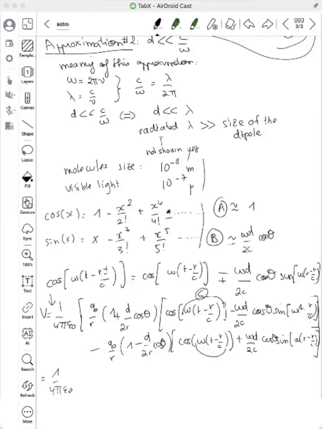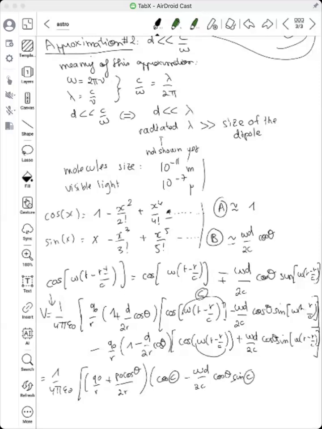So I get 1 over 4 pi epsilon 0, Q0 over R plus P0 cosinus theta over 2R, right? Cosinus minus omega D over 2C cosinus theta sinus, minus Q0 over R minus Q0 P cos theta.